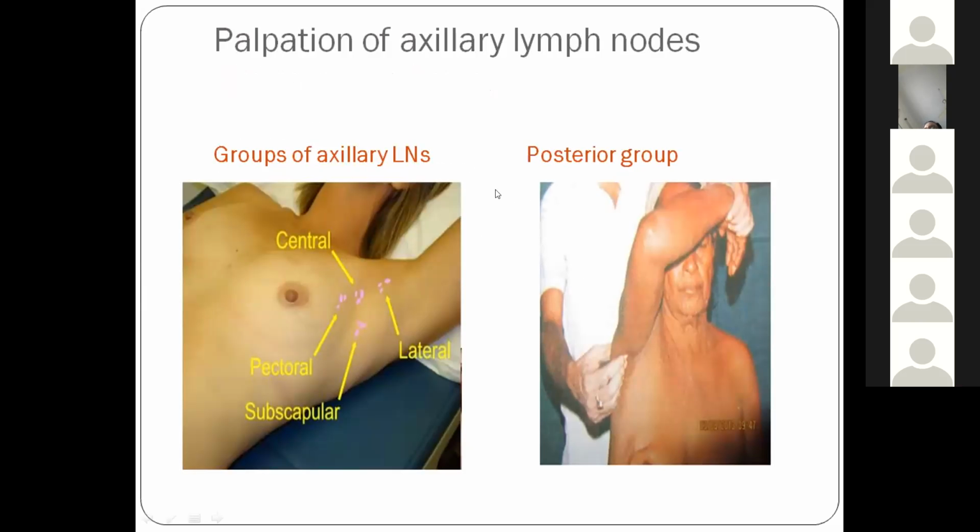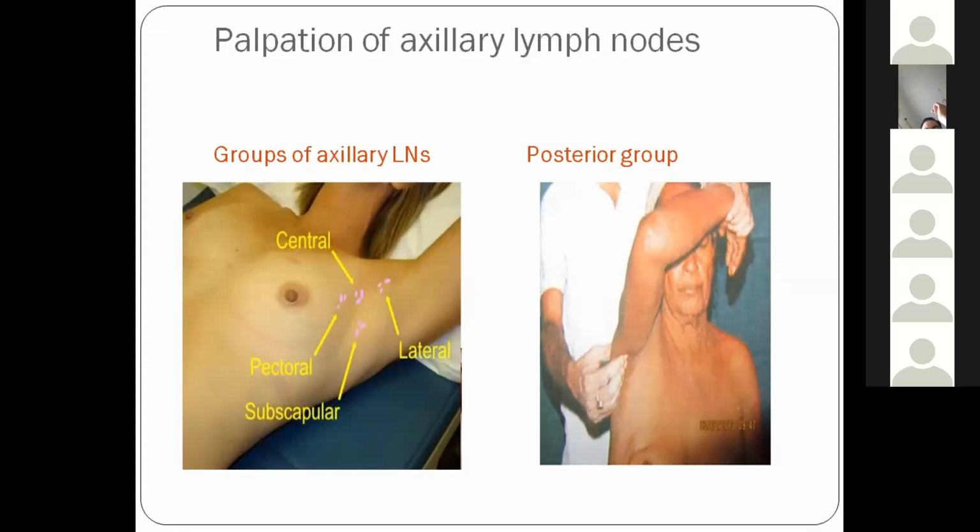Once you are done with all these palpation findings for the breast lump, you have elicited all your tests, fixity to the parenchyma, fixity to the pectoralis major muscle, and confirmed all your inspectory findings. After that, the next important thing is clinical examination of the axillary lymph nodes.